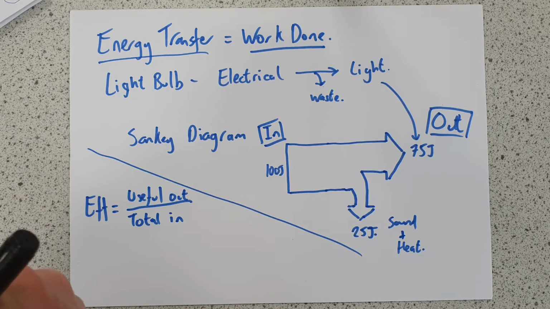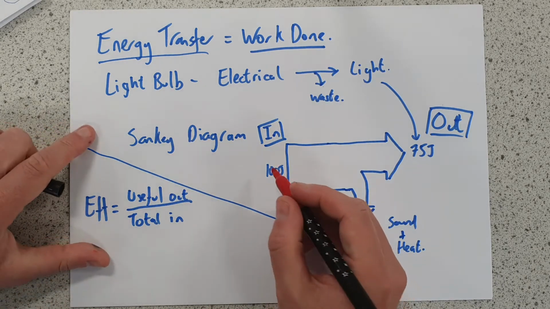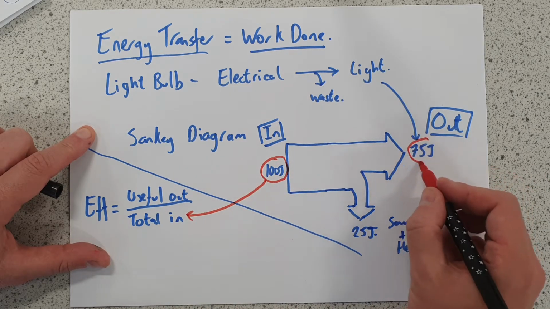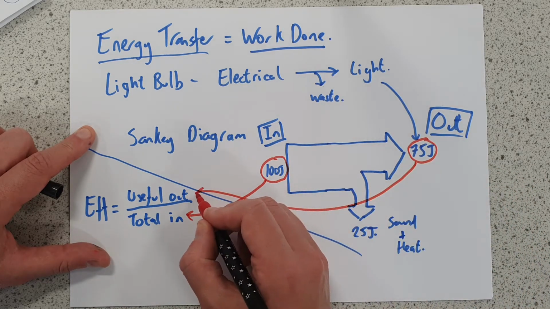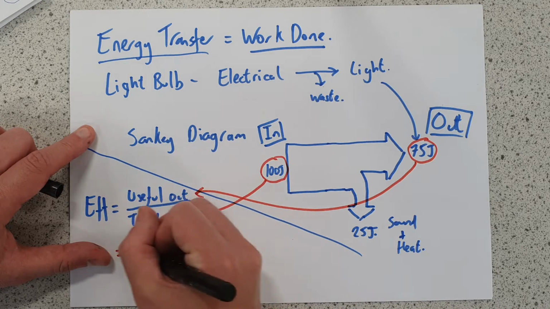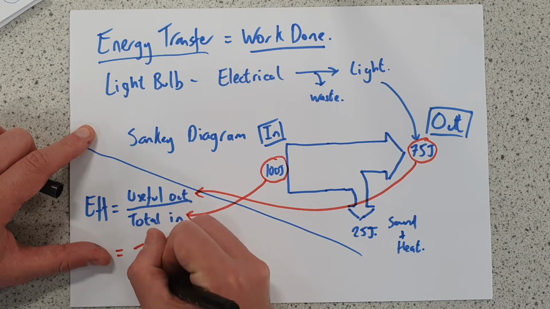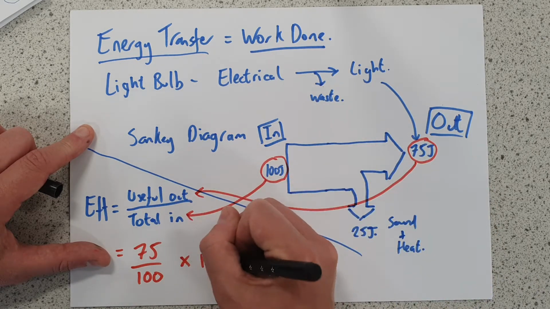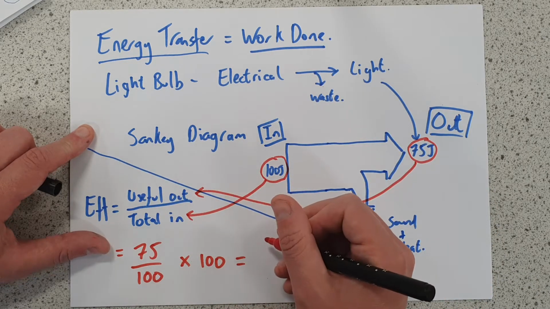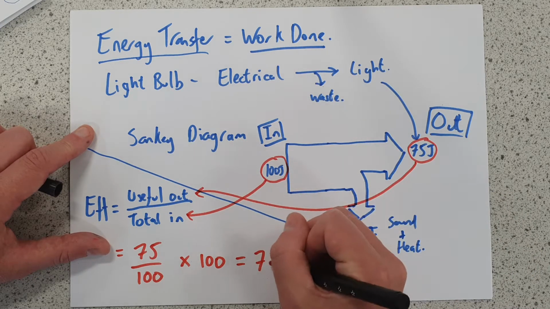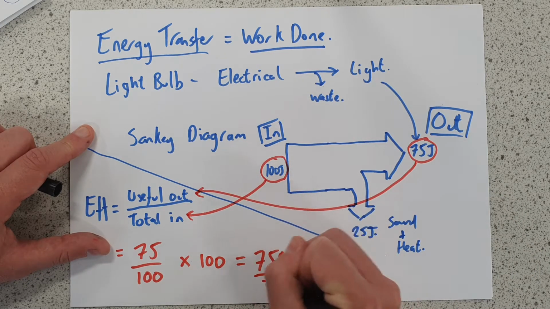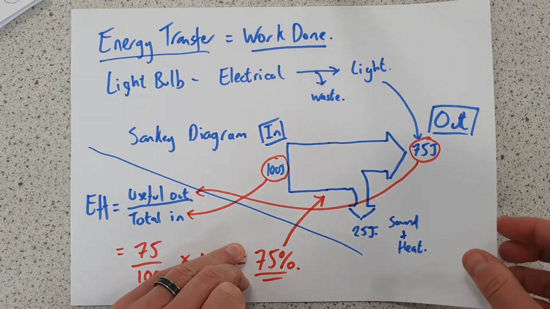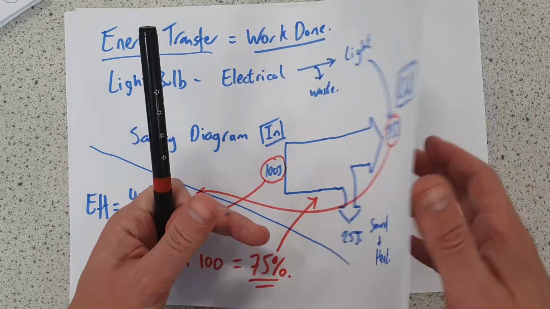Okay, so in this particular example, the 100 joules is the energy in, and the 75 joules is the energy out. So 75 divided by 100, and then what we always do in this case is we times it by 100, and that gives us the calculation in the form of a percentage. So that particular system is 75% efficient. Okay, so that's where we started.